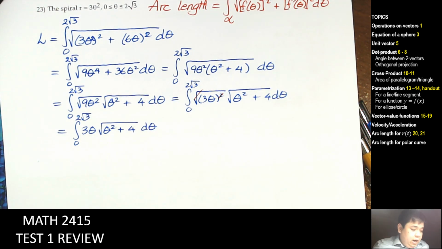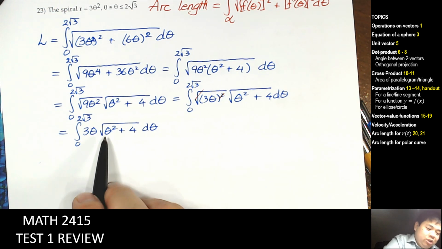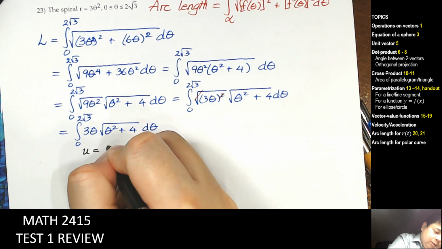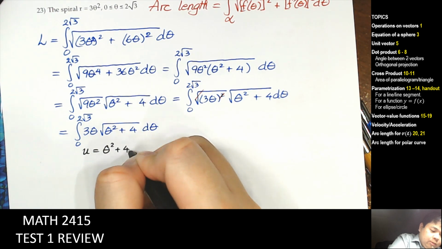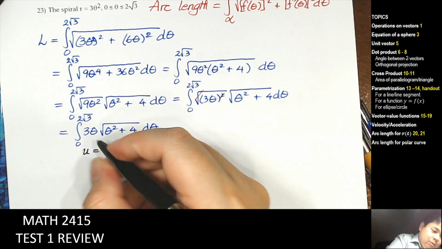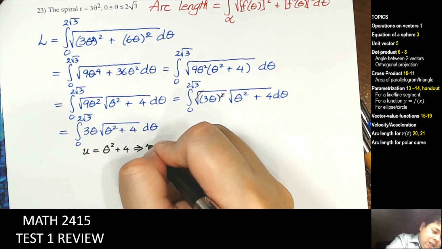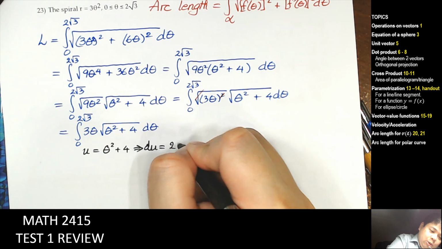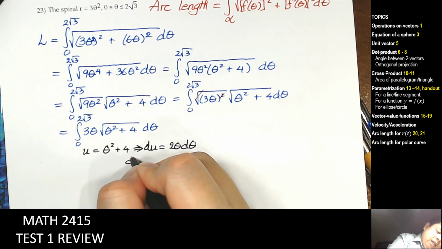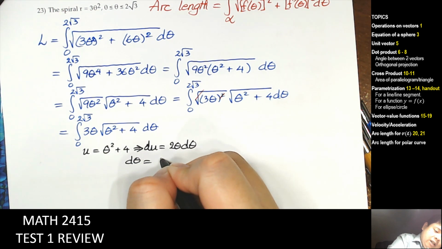Right. Then that's just a simple substitution. We're going to let u equal theta square plus 4. Sorry, I'm going to wipe. So du is 2 theta d theta, and d theta is du over 2.